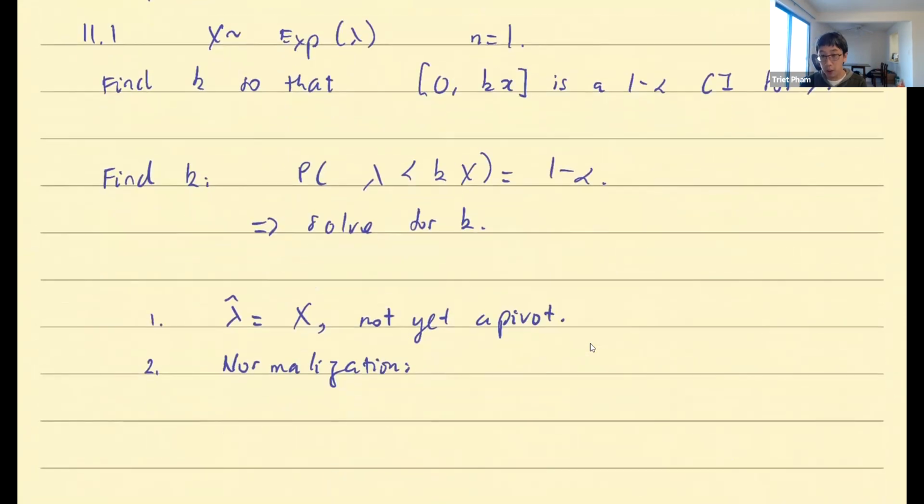So which case is this in this case? What is the normalization? By what?